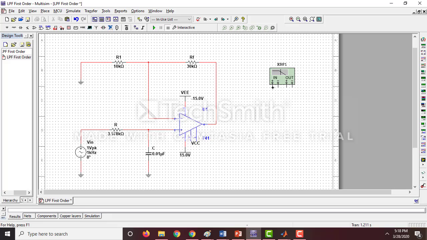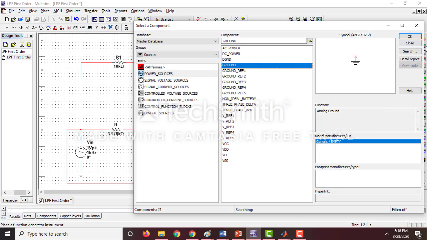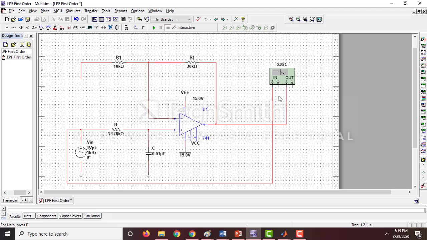Input we will connect to the input and output will be connected to the output of the op-amp. Now ground also we will give. I am connecting the negative of the input and the negative of the output to the ground. So this is over. Now run it.